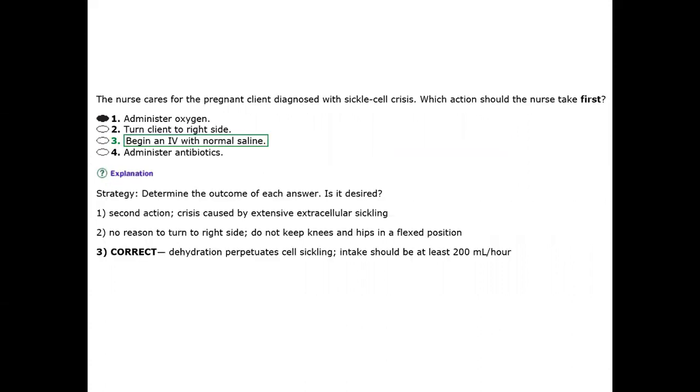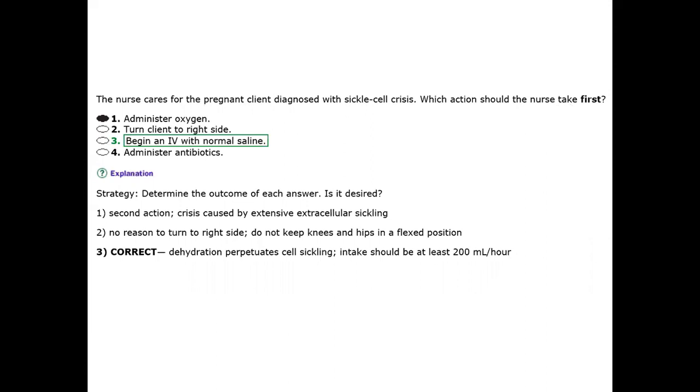Next question. The nurse cares for a pregnant client with a diagnosed sickle cell crisis. Which action should the nurse take first? If anybody has sickle cell disease, they sometimes complain of pain, and pain occurs because of sickling of the red blood cells. How can we avoid it?